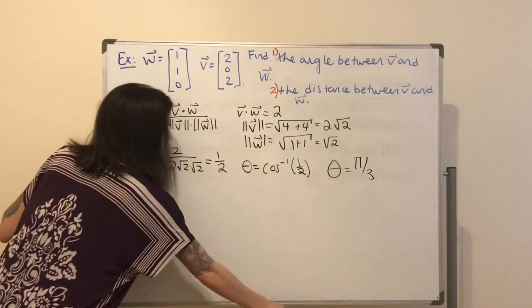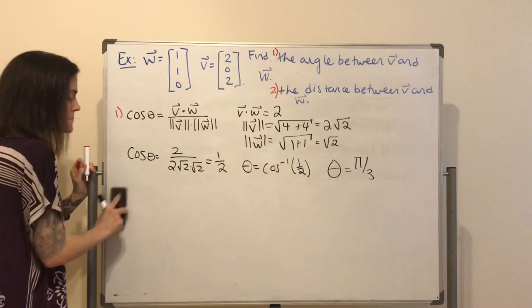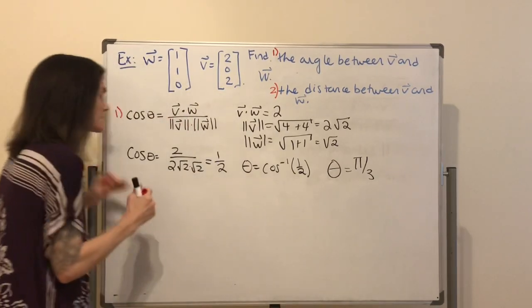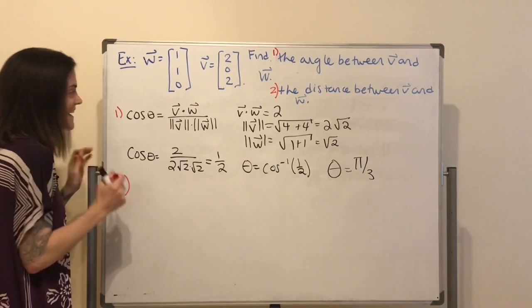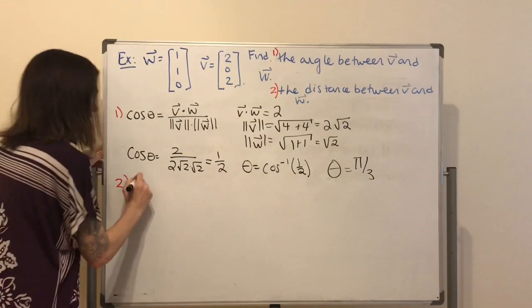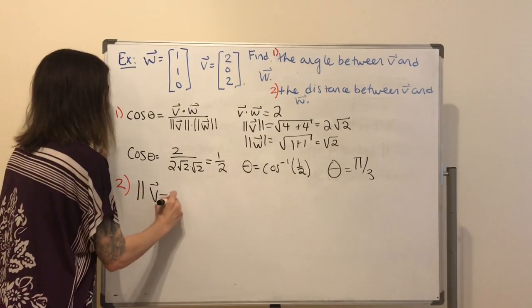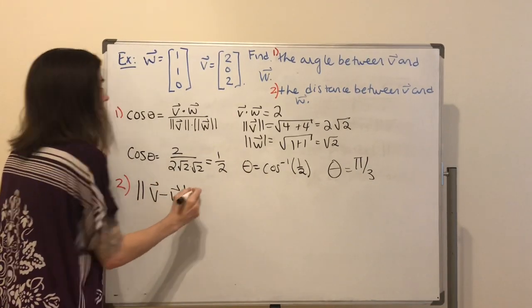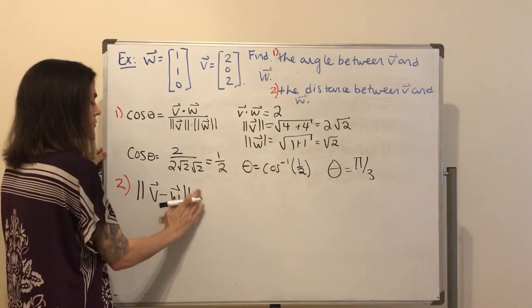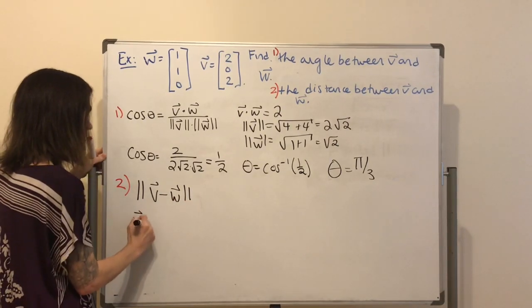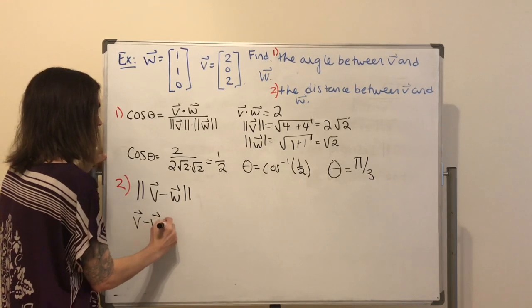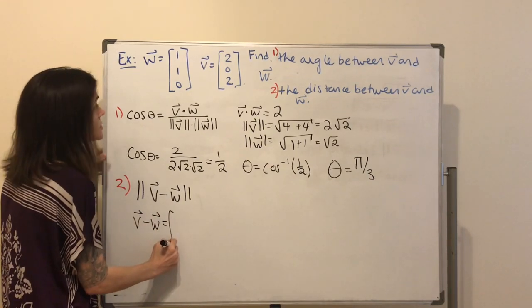Maybe I'll erase my picture that was helping me think about how to figure out theta. I need this, V minus W. First let's compute V minus W, and then I will compute the length. This gives us the distance between the two vectors.